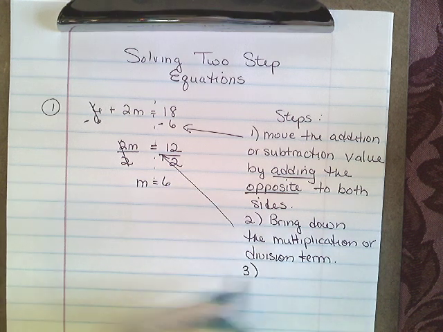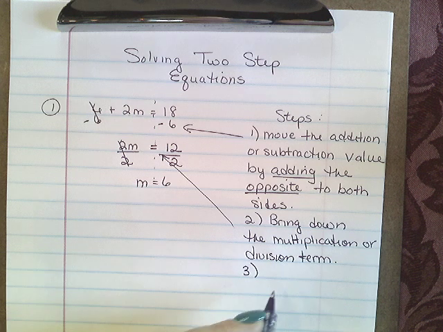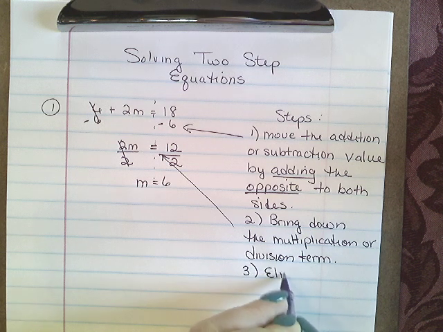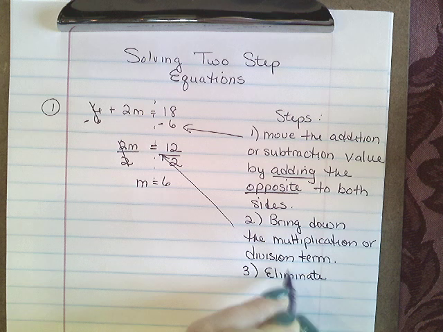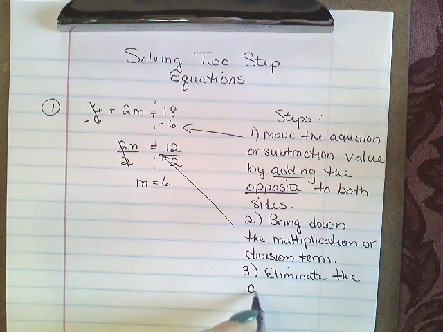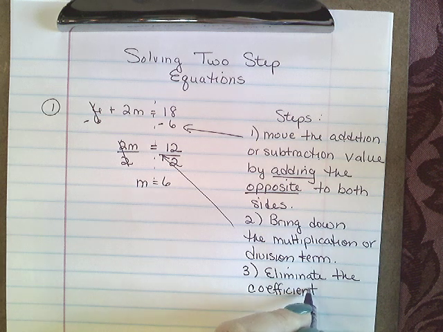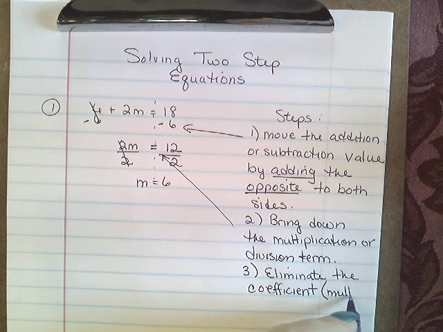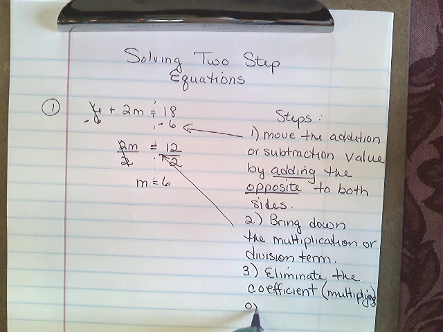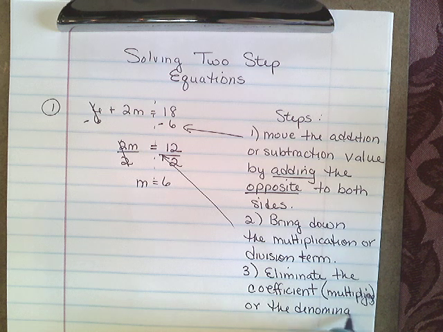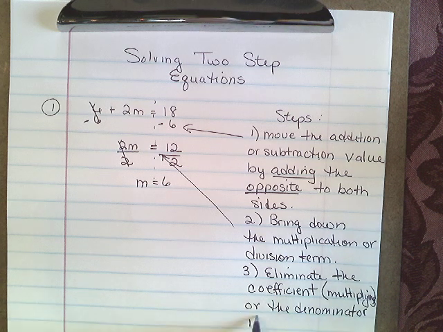So step 3, eliminate the coefficient if we're multiplying, or the denominator if dividing.